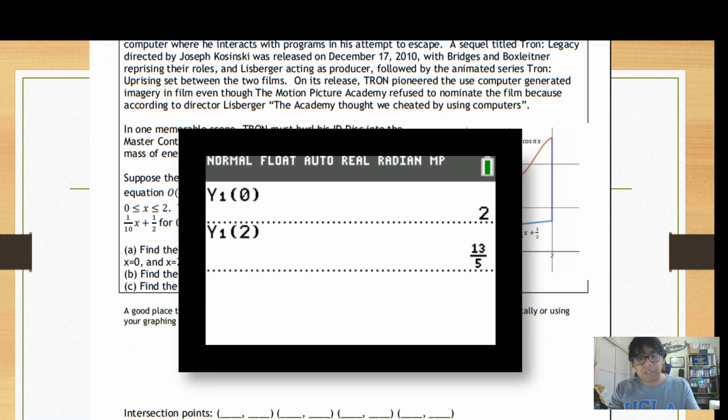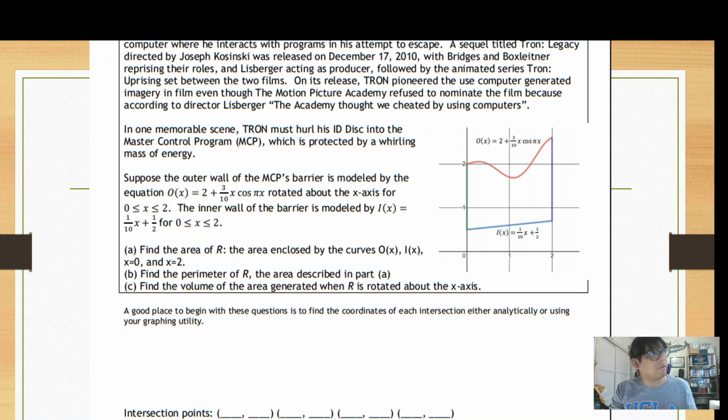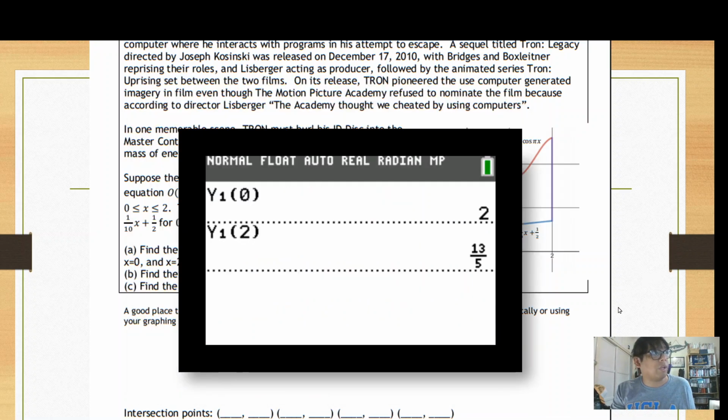Let's see where that is on our graph. 13, 5, that would be right up here. Oh, wait, I'm sorry, at x equals 2, right? At x equals 0, 2, and at 2, what is that? 2.6.